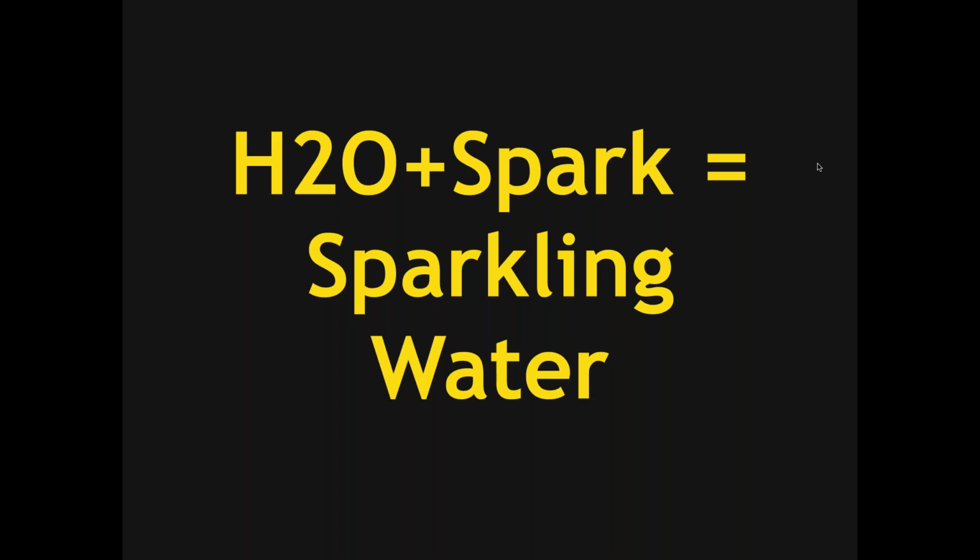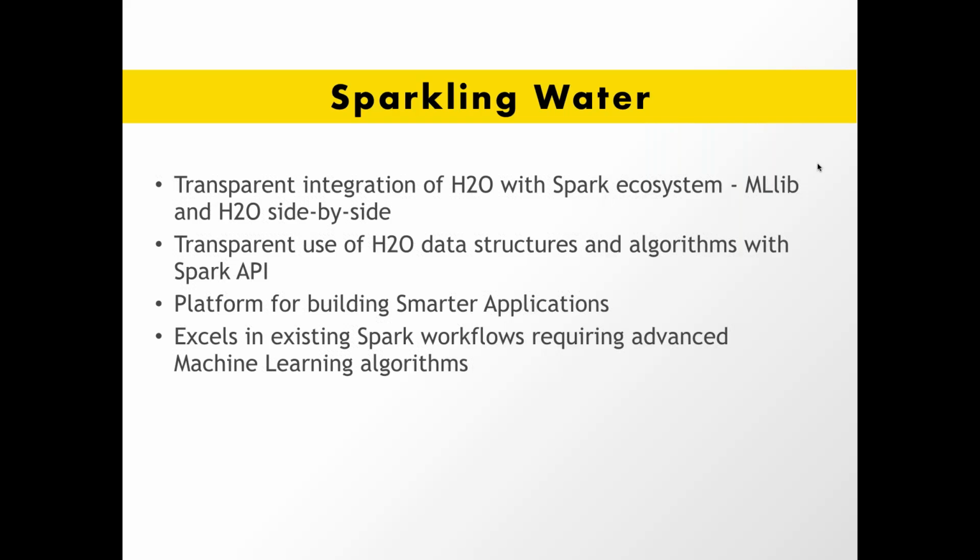So what is Sparkling Water? The name is pretty obvious. H2O and Spark. Why not call it Sparkling Water? So what is it? Sparkling Water is basically a seamless, transparent integration of H2O and Spark, where we want to give Spark users the ability to use H2O models instead of MLlib and ML platforms.